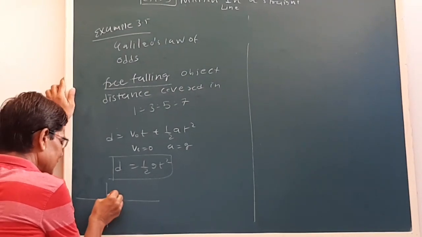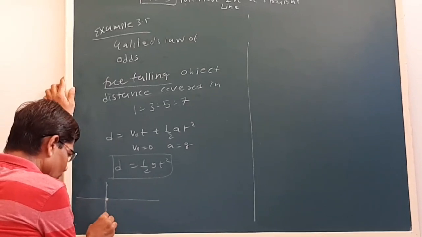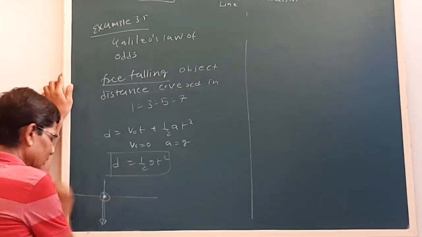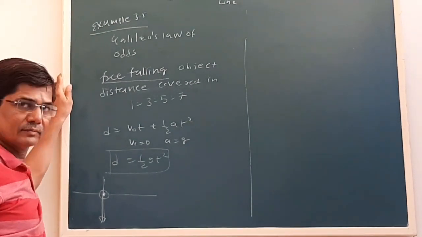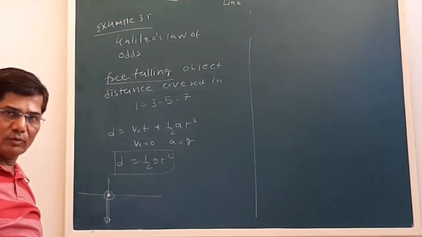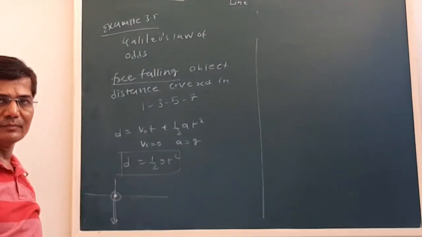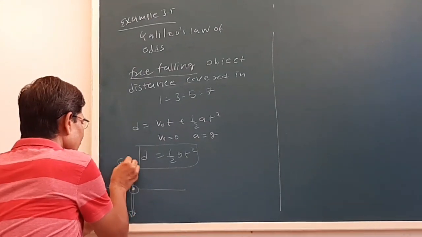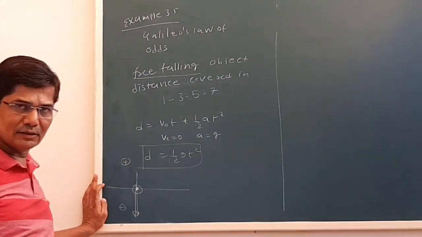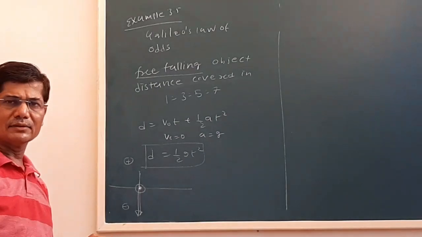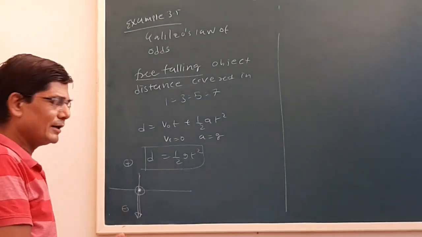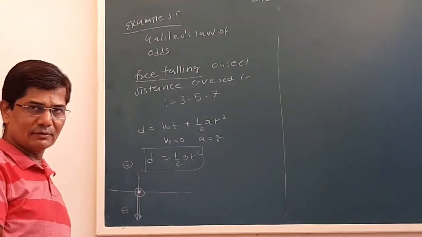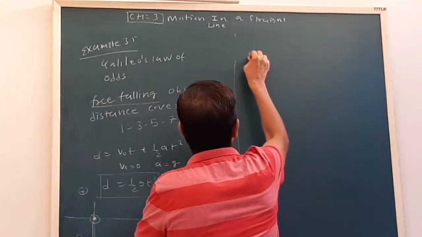Let us say the free falling object moves like this, and this will be our origin. For simplicity, we take the downward direction as positive. Earlier in the theory part, we saw that if we consider the origin, above is plus and below is minus. But sometimes for our convenience, we can make our own selection that will make our work easy.